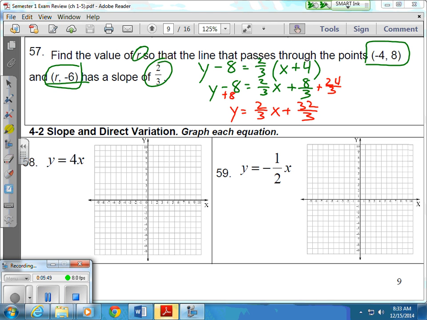Here's the point, r, negative 6. So our y value is negative 6 equals 2/3. Our x value is going to be r, I'm going to call it r, plus 32 over 3. Now we have to add 6 to both sides.